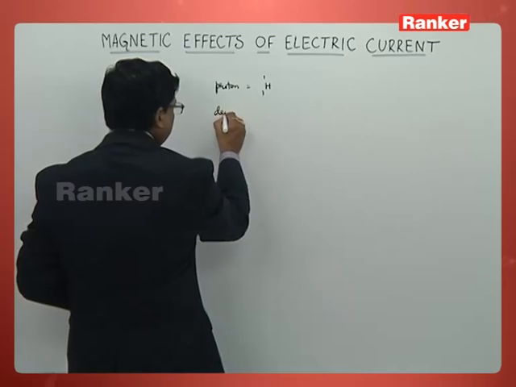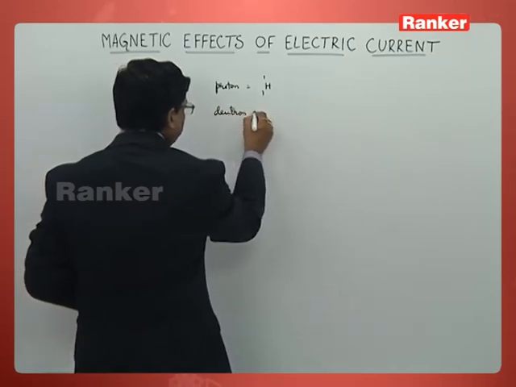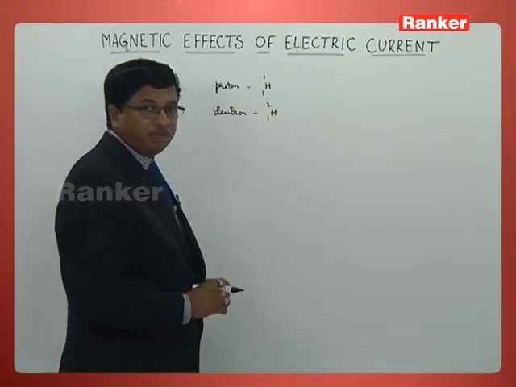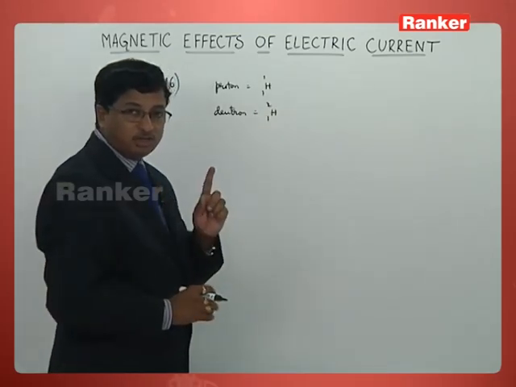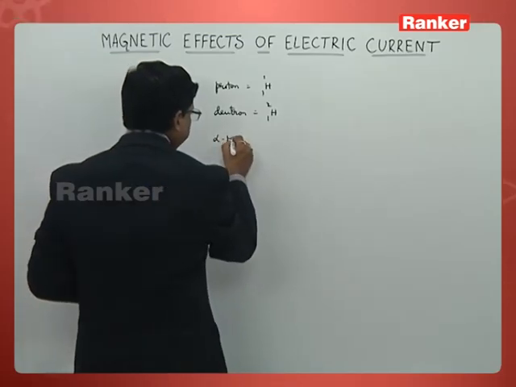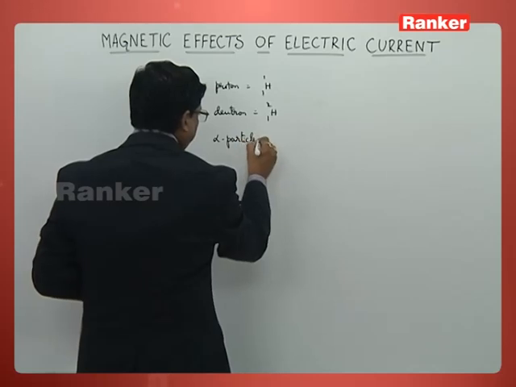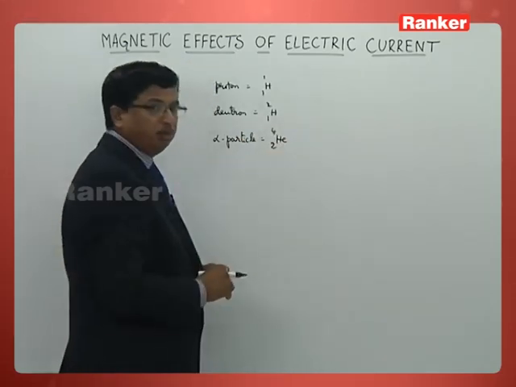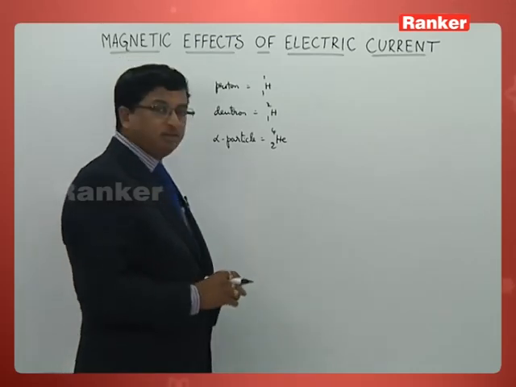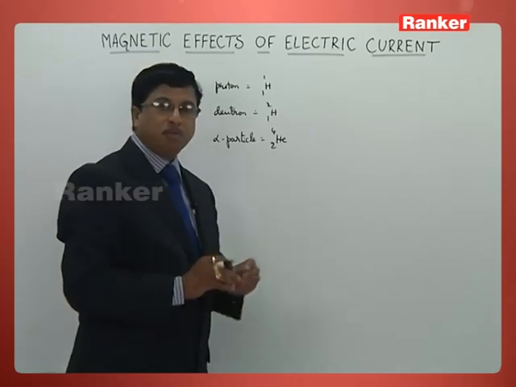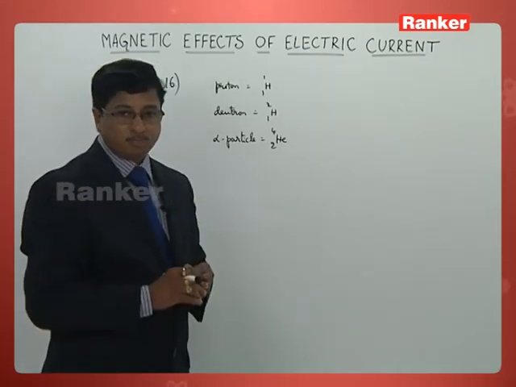Likewise deuteron is 1H2, with 2 units of mass and 1 unit of charge. And third one is the alpha particle, the helium nucleus, helium 2,4 we used to write, where 2 represents its charge, 2 units of charge, and 4 represents mass, 4 units of mass.